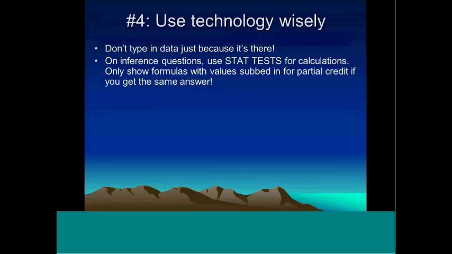My kids are willing to risk all or nothing on the calculation part of the inference questions because they're just more likely to get the credit. My students using the formulas under time pressure are going to make mistakes that are going to cost them points. So yes, you heard me say my students will use stat tests to do all the calculations on the inference questions.